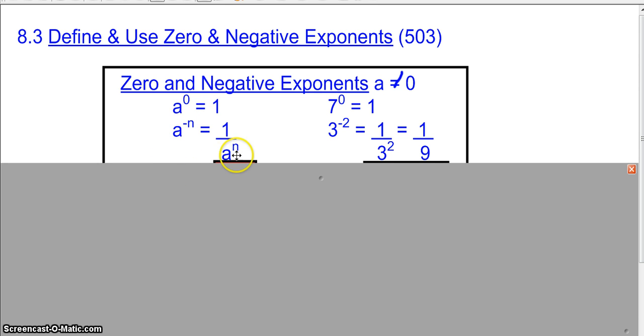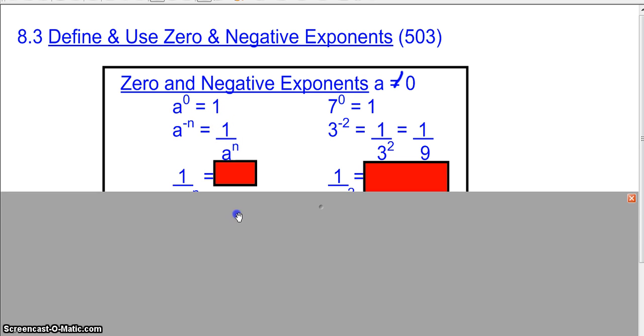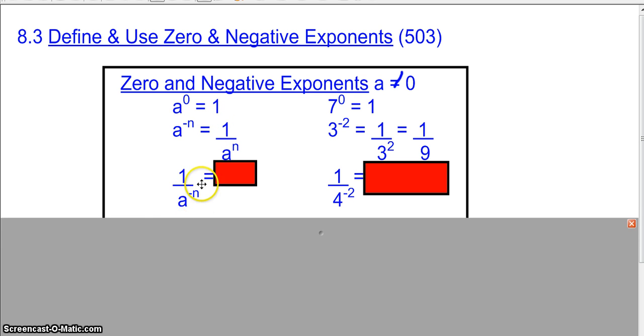You need to move that power, and lose the negative, and now we have a simplified exponential expression. Okay, what happens if the negative exponential term is in the denominator? Well, the inverse location would be to move this term to the numerator. And so because there's only a 1 up there, we simply would have a to the n, right?